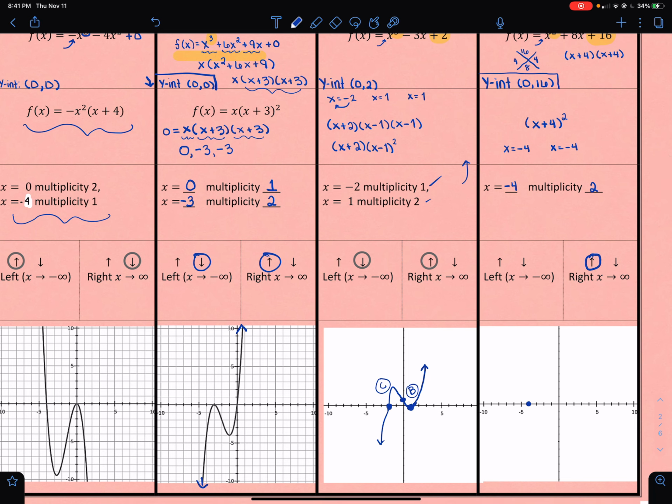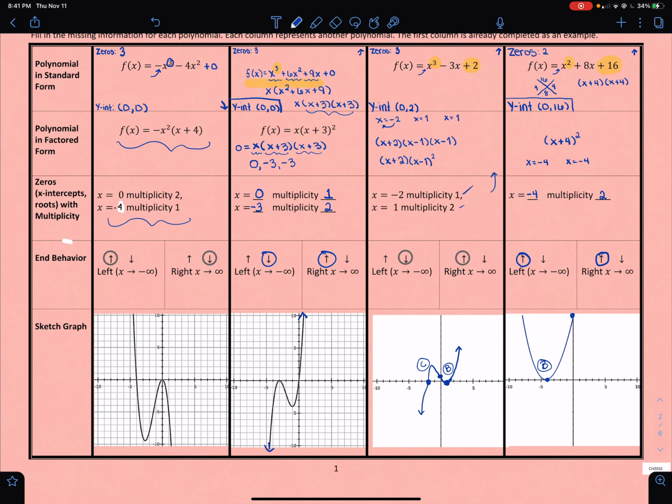I'm sorry, the degree is even, and the a value is positive, so both sides are going to point the same direction and open up. Okay. The y-intercept on this one is going to be 0, 16, so that's somewhere way up there. And since there's a multiplicity of 2, that means it's going to bounce right there. Okay. All right.